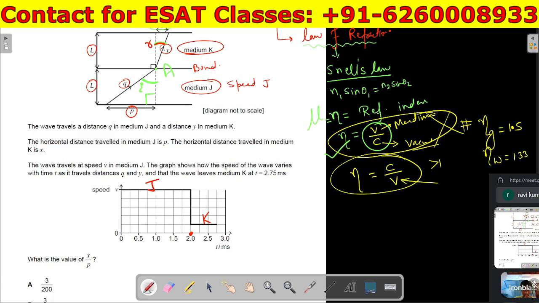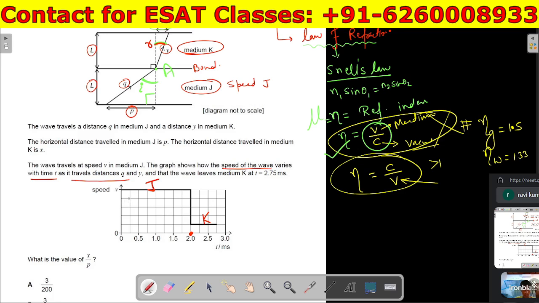The graph shows how the speed of the wave varies with time t as it travels a distance q. It means a speed-time graph. The area of a speed-time graph gives us the distance, right?